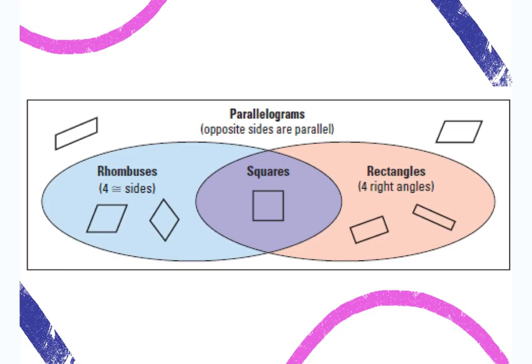This is a Venn diagram of your 4 shapes, so we're going to eventually get a little bit more detailed into this. First of all, the big picture would be quadrilaterals because they all have 4 sides. Then it gets more narrow and you break it down into parallelograms, which means opposite sides are parallel, opposite sides are congruent, opposite angles are congruent, consecutive angles are supplementary, and diagonals bisect each other.